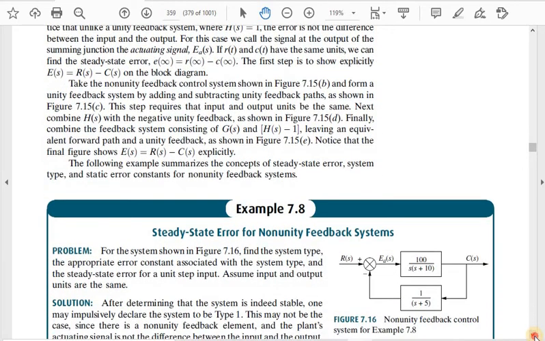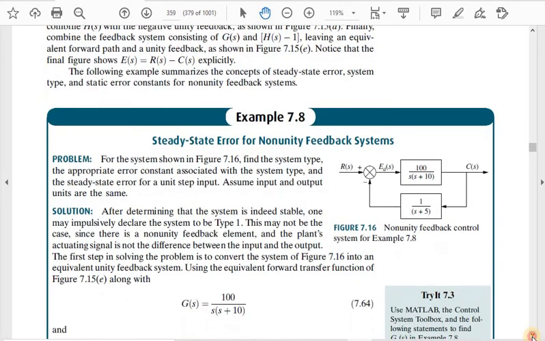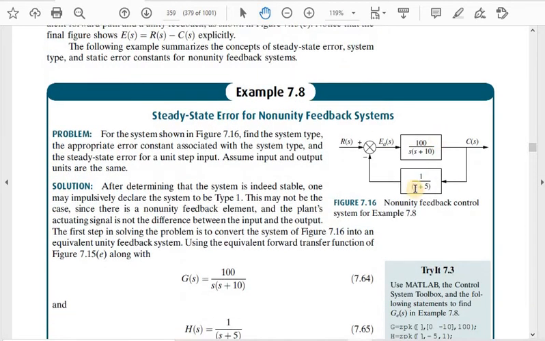Now the example here is this one. We have to find the system type, the appropriate error constant, and the steady state error for a unity step input. So what do I have to do? I have to convert this into a unity feedback system. I know that this is G, this is H(s).